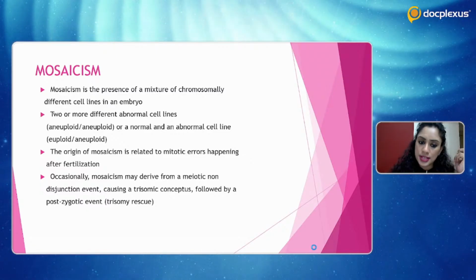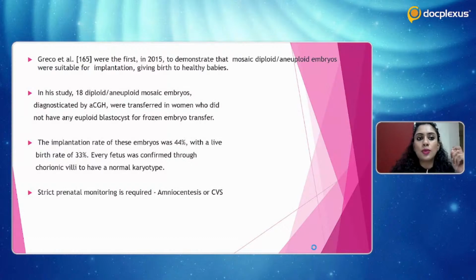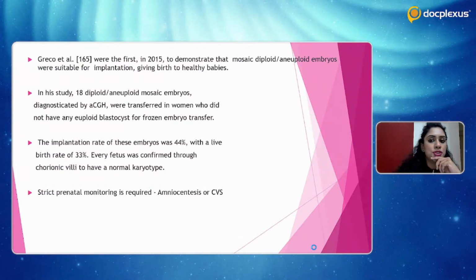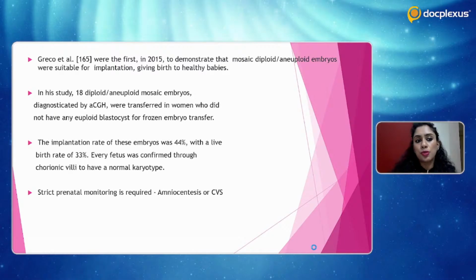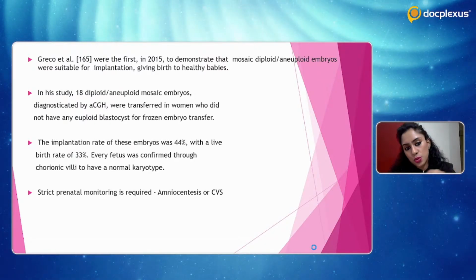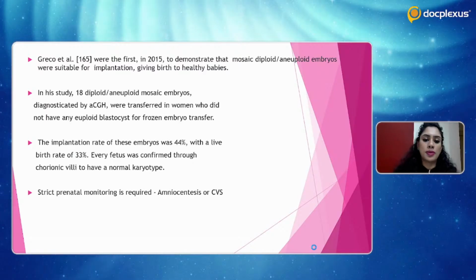Now, in 2015, it was demonstrated that mosaic diploid or aneuploid embryos were suitable for implantation, giving birth to healthy babies also. In this study, about 18 diploid or aneuploid mosaic embryos were diagnosed by CGH and were transferred in women who did not have any euploid blastocyst for frozen embryo transfer.